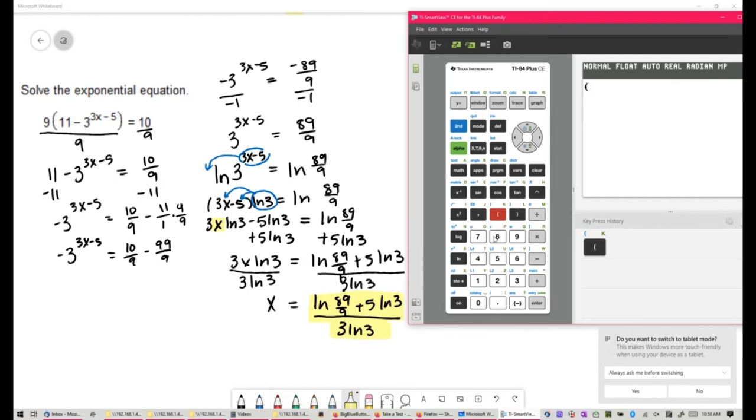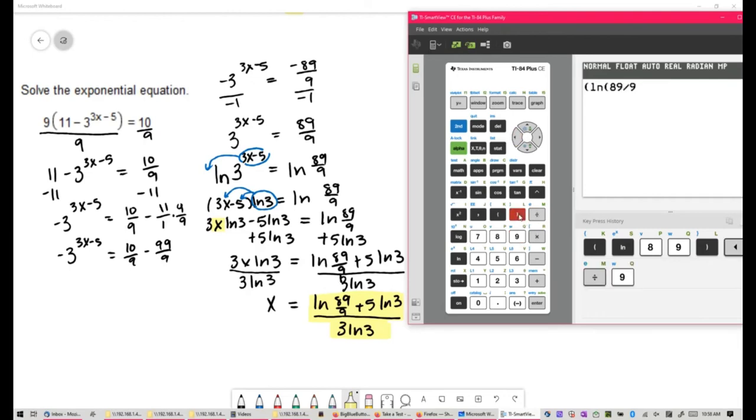So we're going to do parentheses, natural log of 89 over 9 plus 5 natural log of 3. We're going to close parenthesis for that log, close parenthesis for the whole numerator. Then we're going to divide.